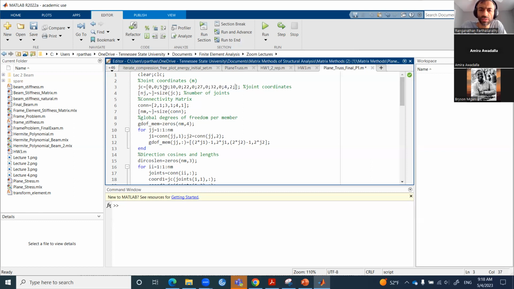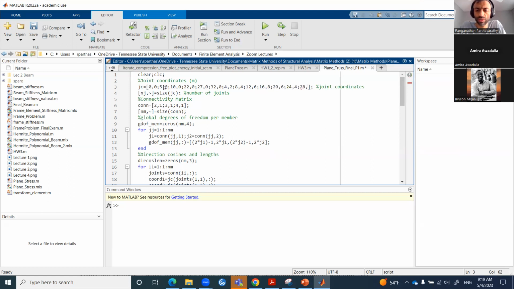Joint 8, 8, 4. Joint 9, 12, 6. Joint 10, 16, 8. Joint 11, 20, 6. Joint 12, 24, 4.